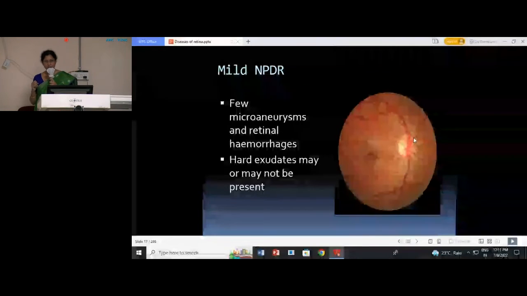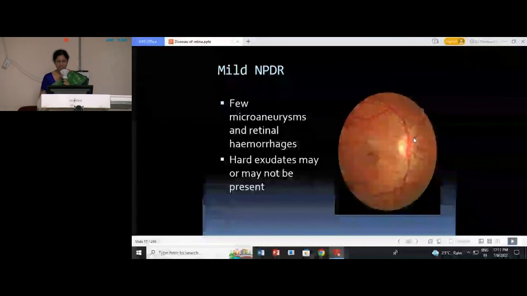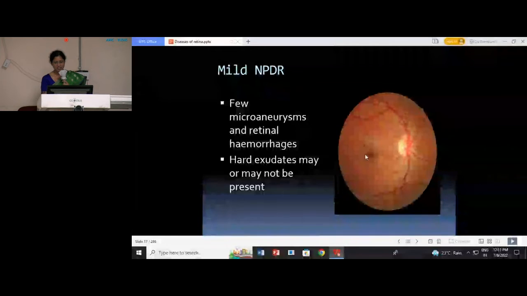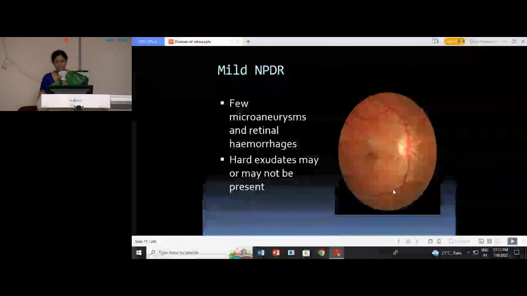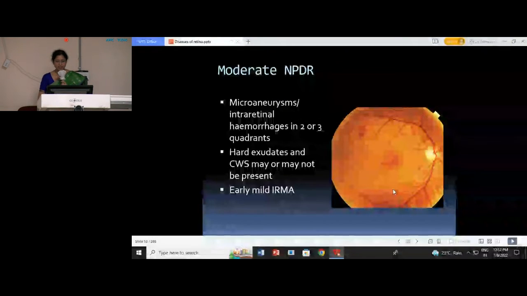I told you that non-proliferative diabetic retinopathy is again divided into mild, moderate, severe, and very severe NPDR. Coming to mild NPDR, what are the features? We find a few microaneurysms or retinal hemorrhages. Hard exudates may or may not be present. That is mild NPDR. Coming to moderate NPDR, there are microaneurysms or intraretinal hemorrhages in 2 or 3 quadrants.